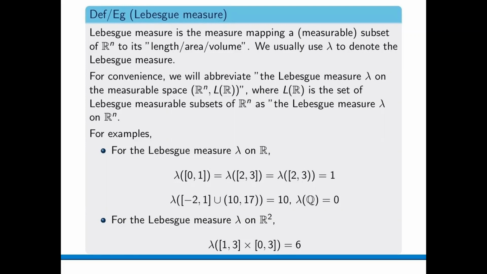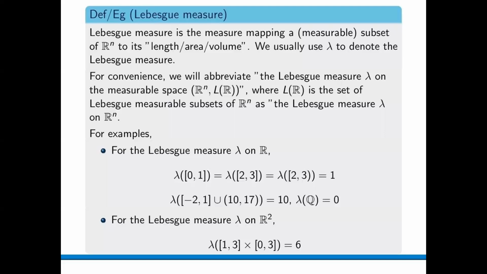You can understand the Lebesgue measure as the function that gives the length or area or volume of a set. So 1D for length, 2D for area, and 3D and higher we call volume. We usually use lambda to denote the Lebesgue measure.